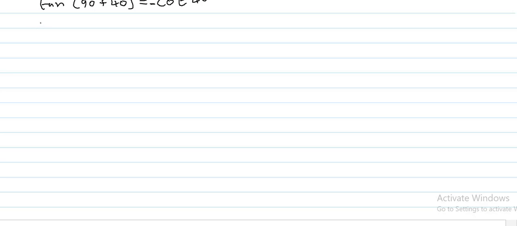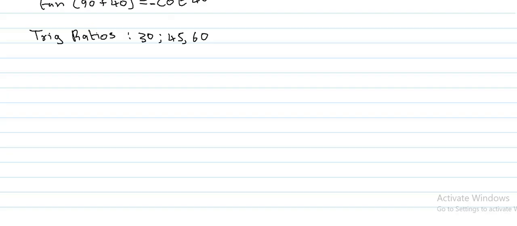If we can express each function as the trig ratios, the trig ratios are 30, 45, 60. We get our trig ratios from the right angle triangle.